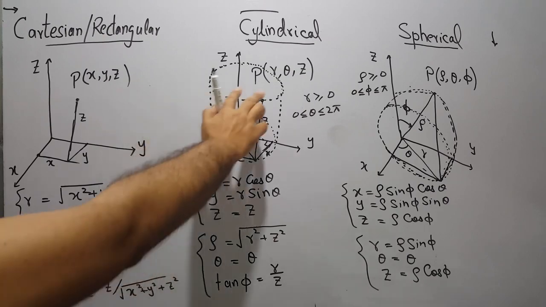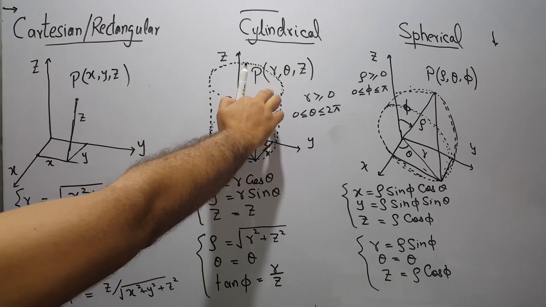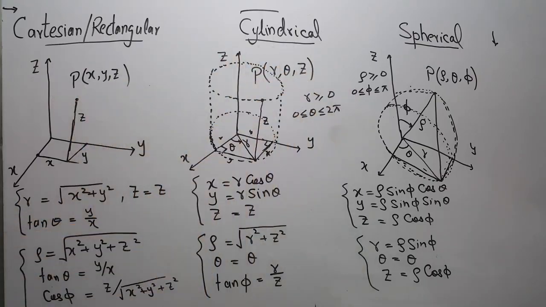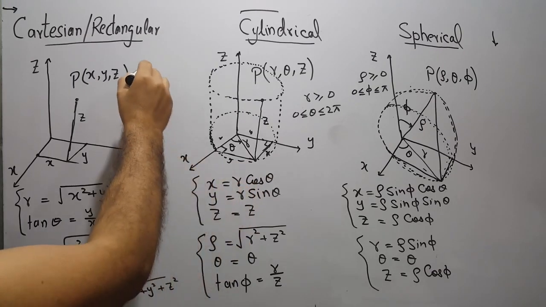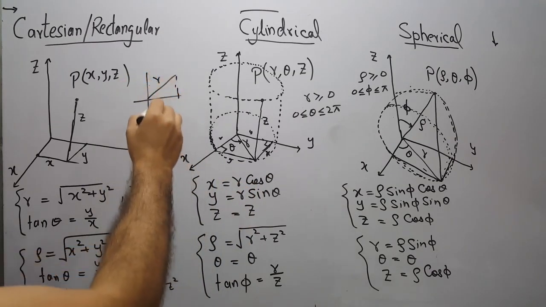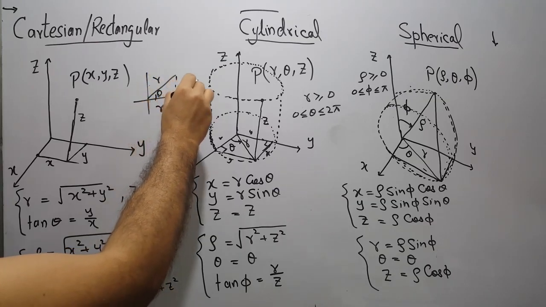Now, if you are given a cylindrical coordinate system and you have to transform it into rectangular and spherical, then again you can see that x is equal to r cos theta, from the physical laws, that if you have a vector r, then this is r cos theta and this is r sin theta.